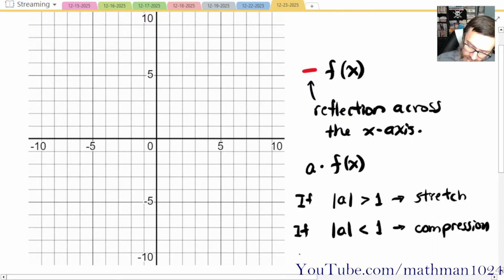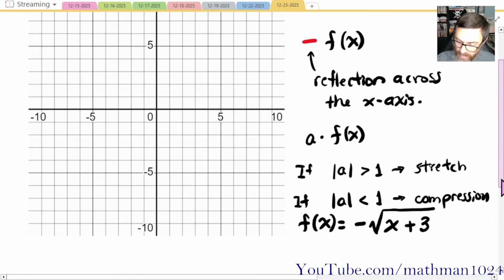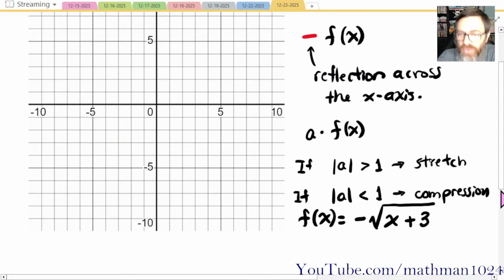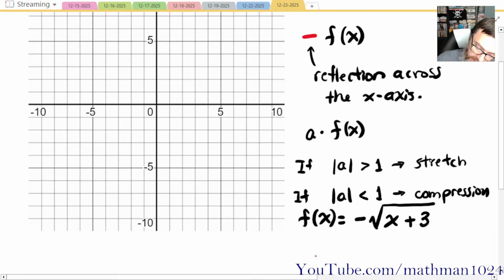If I ask you to graph f(x) = -√(x + 3). So, first identify what the shape is. We've got a square root function, so that means we're dealing with this little half sideways parabola like that. Okay?